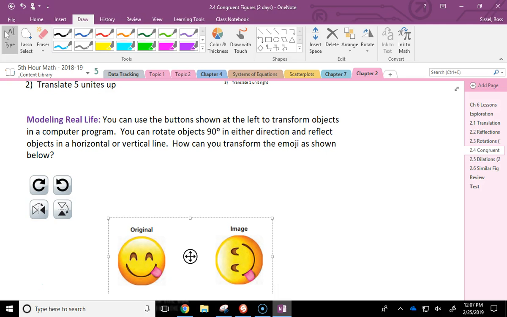Okay, so you would do your first step. You would turn it counterclockwise 90 degrees, but then we have to reflect it. With this we're not going to translate, sliding anywhere.